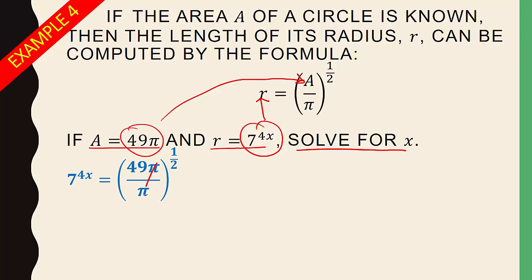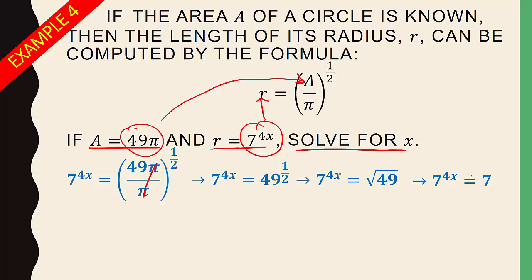Okay, so we plug those in. Notice right away that the pi's cancel out, leaving me with this, because the pi's are gone. So 49 to the 1/2 power. Remember that 49 to the 1/2 power can be rewritten as the square root of 49. Square root of 49 is, in fact, 7. So now we have 7 to the 4x power equals 7.